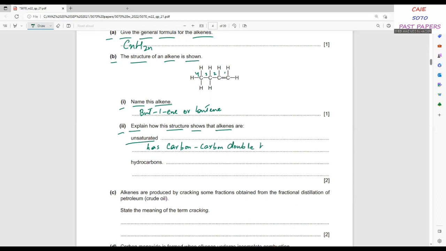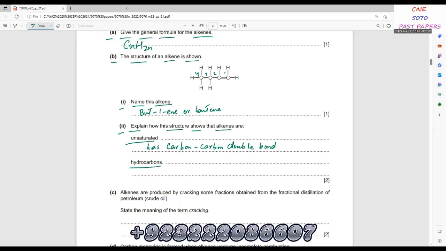Hydrocarbons are compounds which contain hydrogen and carbon only.